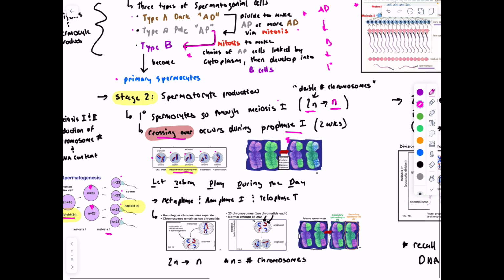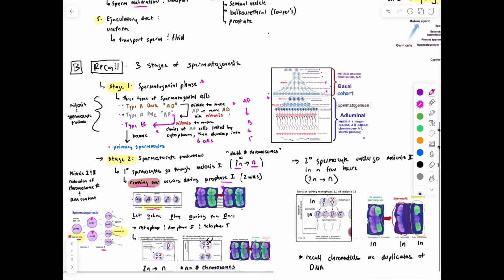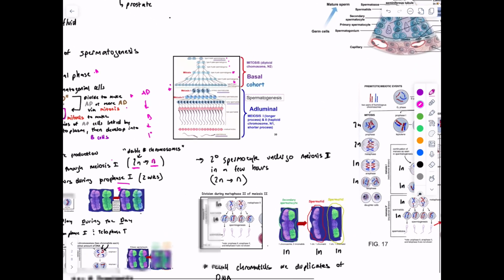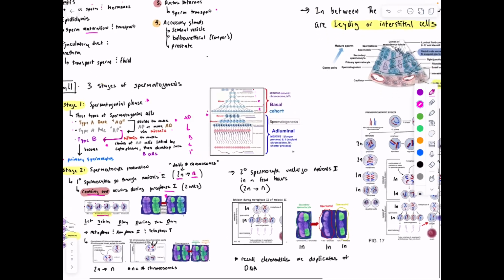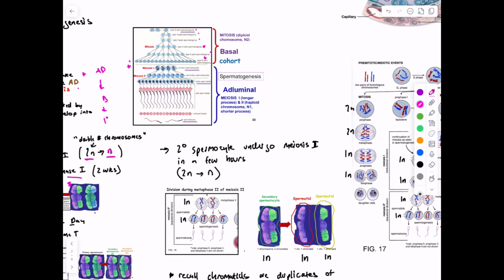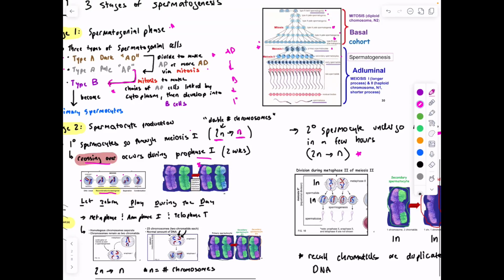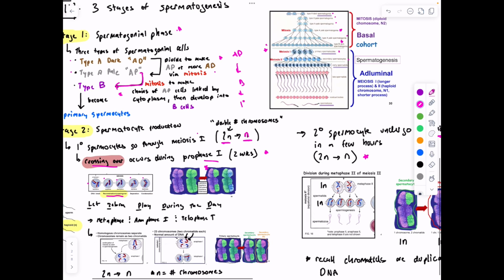So that's stage 2. Within stage 2, we've gone from primary spermatocyte, and now we're done with meiosis 1, we're going to have our secondary spermatocytes, and they're going to undergo meiosis 2 in just a few hours. Meiosis 1 is going to take about 2 weeks.